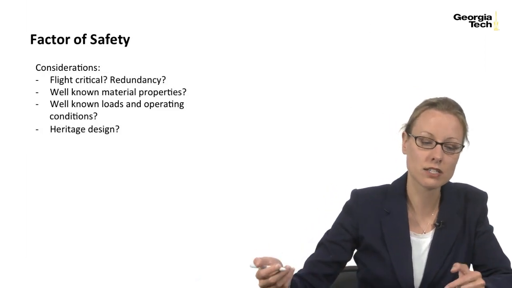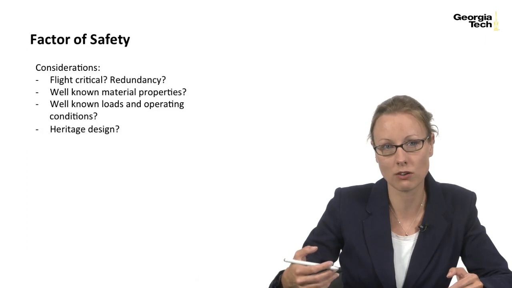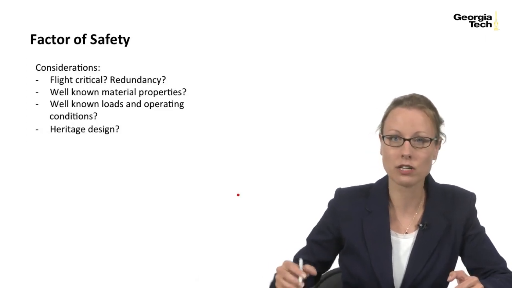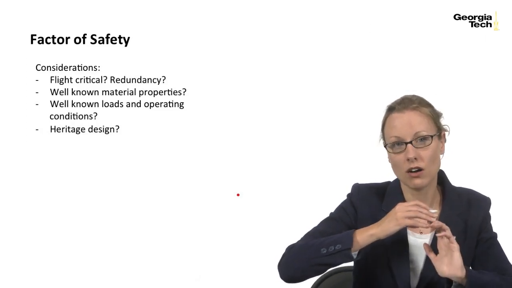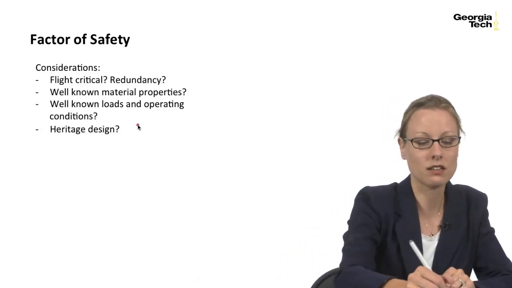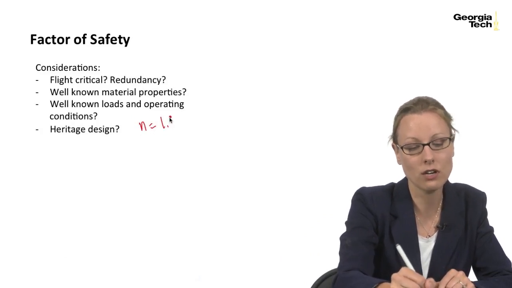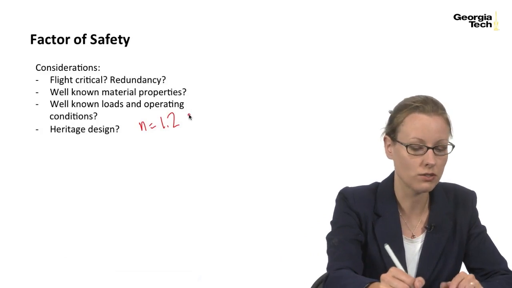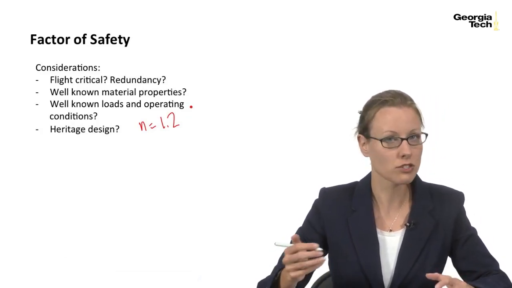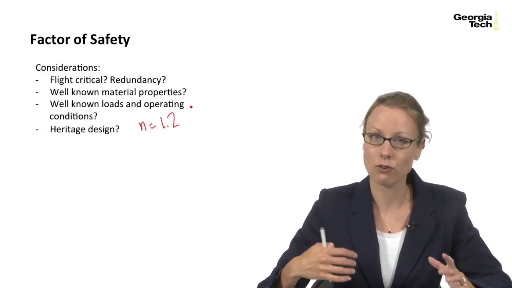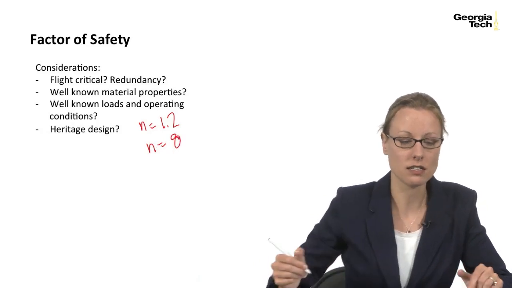For heritage designs with really well-known material properties, well-known loads, well-known operating conditions, and a lot of testing of the design, which tends to happen in aerospace, you'll see fairly low factors of safety, in that 1.2 range or 1.5 range. Over on the pressure vessel side, they tend to go much higher. Their factors of safety might be around 8.